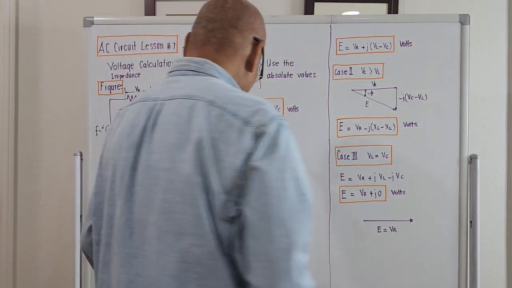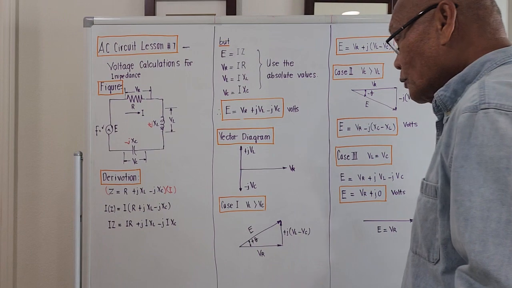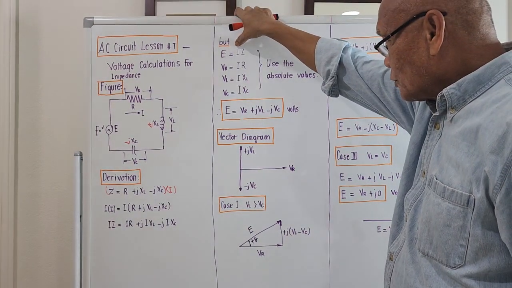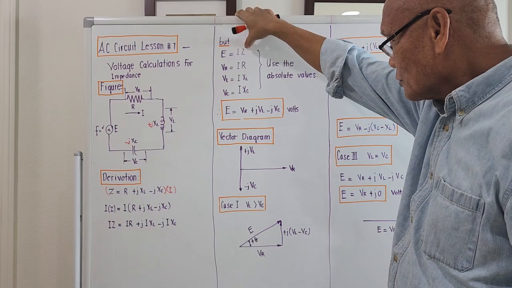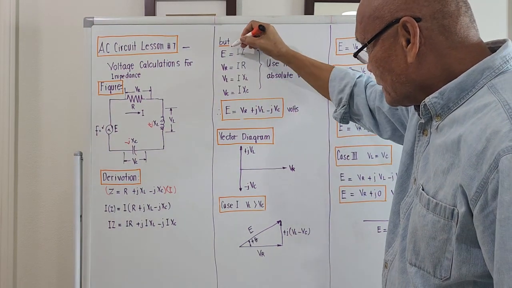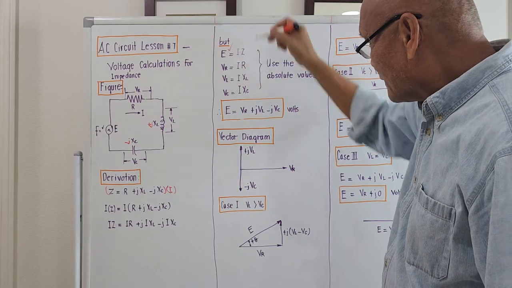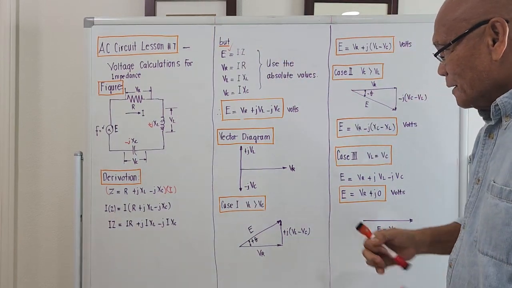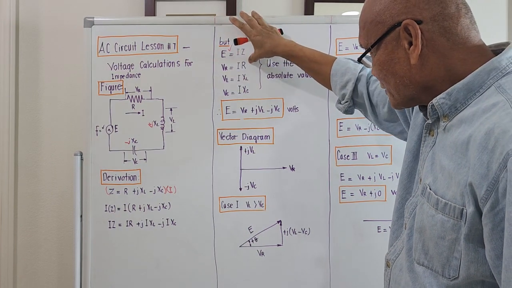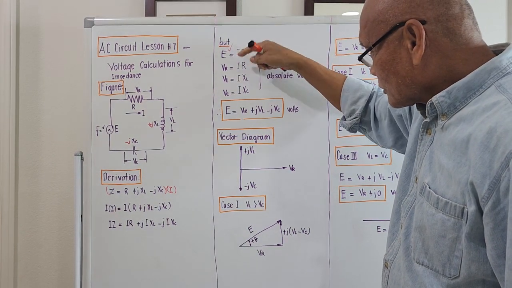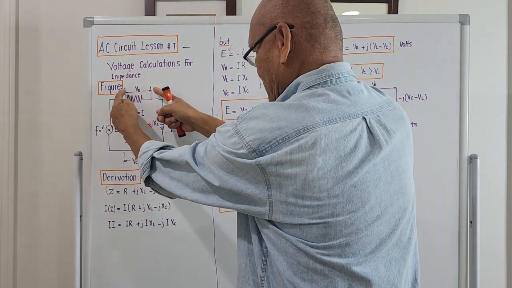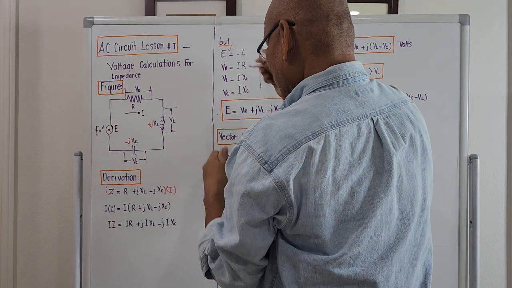Then we will place a legend over here that the product of the total current times the total impedance is actually the voltage of the utility line. And the product of current times the resistance is actually V sub R, meaning the voltage across the resistance.